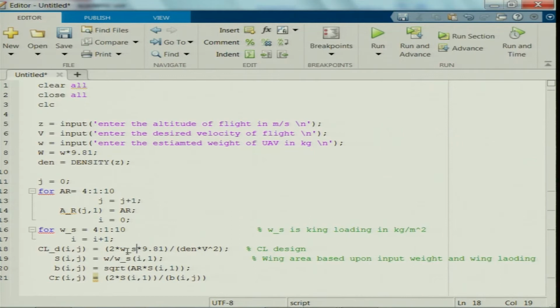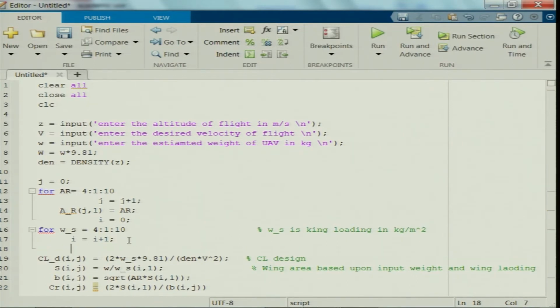If I want to save this wing loading, what I can do is capital W underscore S, right. This is just for storage purpose. So, of I comma j, okay.